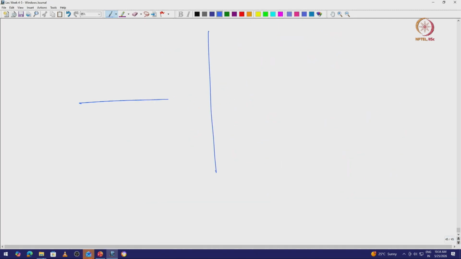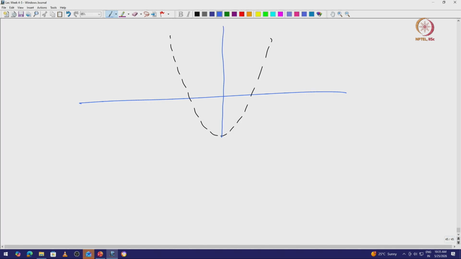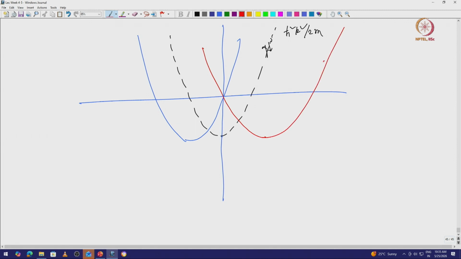So, if I start with an up and down spin degenerate band with spin orbit coupling, it will split into this, which will be say up spin and this will be down spin, and the splitting goes to 0 at k equal to 0, and you do have a band degeneracy.